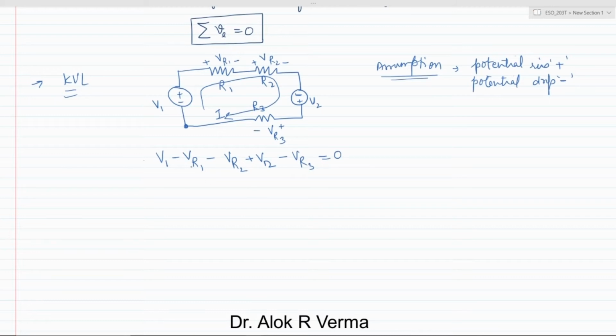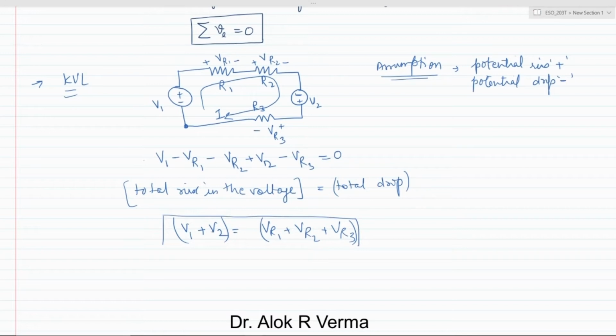It means that the total rise in the voltage is equal to the total drop. That's what makes the complete loop of a circuit have an algebraic sum of potentials equal to 0 in the loop, and that is nothing but the KVL. So we applied the KVL to this circuit.